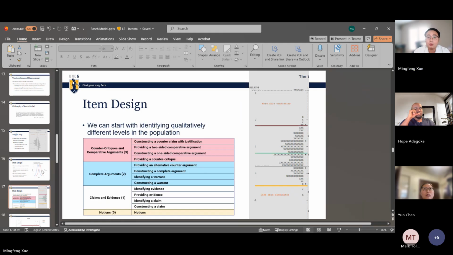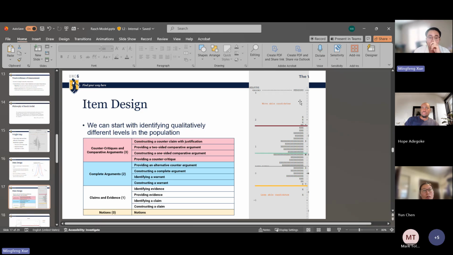First, we can start with identifying some qualitatively different levels in the population. This is our Wright map. On the right-hand side, you can see the population trait. Of course, we don't have this information before we design the items. This comes after the field testing, maybe even after the formal administration. But before that, we might have a hypothesis, a theory about the population.